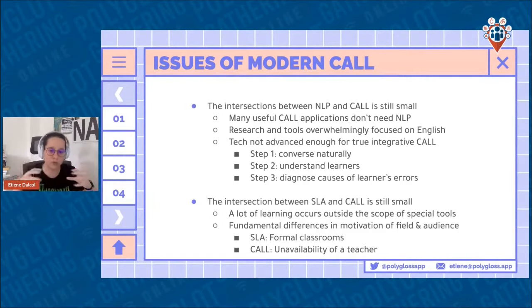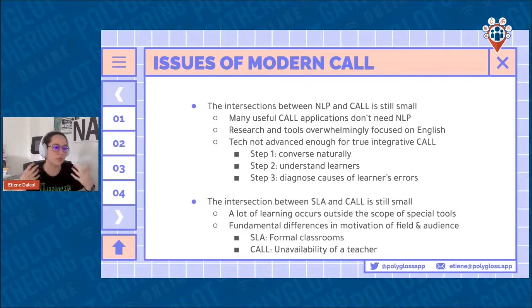So the overwhelming majority of the research is focused on teachers as an audience and environments where you have the presence of a teacher. In the meantime, when we're creating computer applications, we're handling the possibility of infinite accessibility, right?